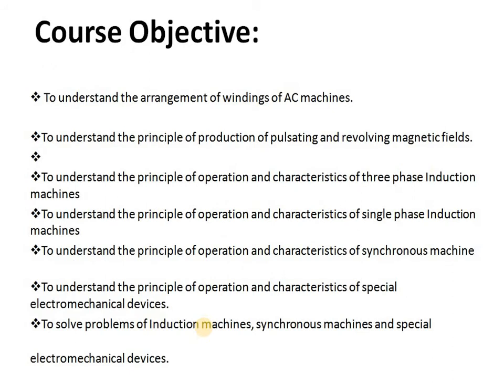Now the course objective. The course objective is to understand the arrangement of windings of AC machines, to understand the principle of production of pulsating and revolving magnetic field, to understand the principle of operation and characteristics of three-phase induction motor, to understand the principle, operation and characteristics of single-phase induction machines, to understand the principle, operation and characteristics of synchronous machines, and also special electromechanical devices.